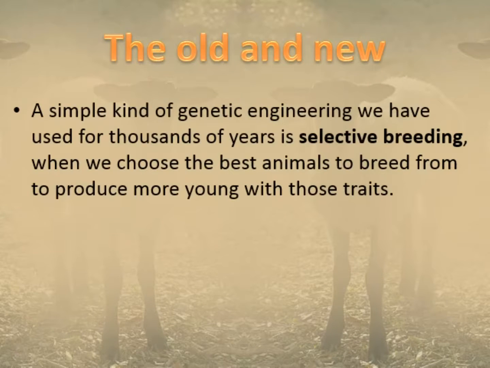So we have actually been practicing genetic engineering for a long time, thousands of years in fact, and one way of genetically engineering animals is selective breeding. You can also selectively breed plants, I suppose. That's what Mendel did. So when we choose the best animals to breed from, we produce young that have the same traits as those animals, and we can experiment with this and breed one good animal with lots of different animals and hope that we get great animals when genes come together in a good way.